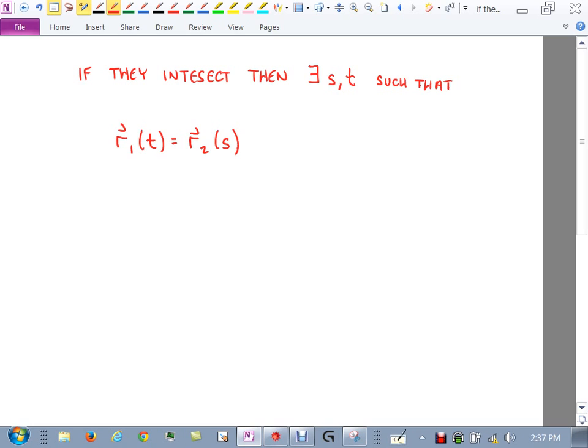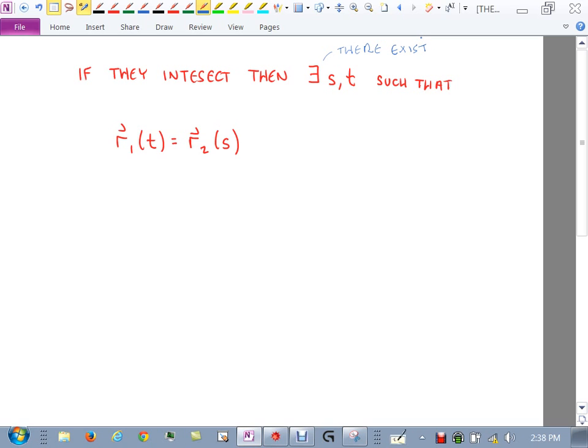If these lines hit each other, yes? It means there exists. There exists.